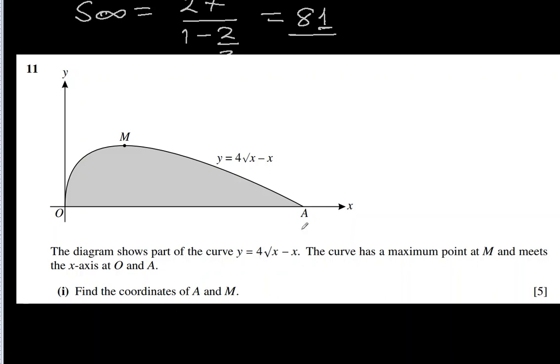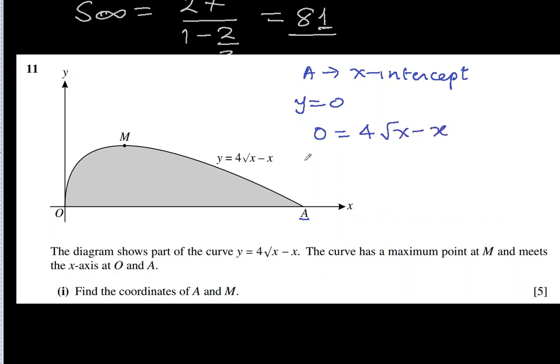Let's find the coordinates of A first, and A is nothing but the x-intercept of the curve, right? Whenever we want to find the x-intercept, just make y equal to 0 and we get the x-intercept. So that means in place of this y we'll put 0: 0 equal to 4 square root x minus x.